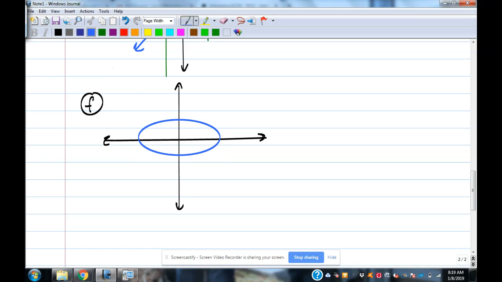No. Why not? That vertical line hits it in two places. It's got the same x value, different y values. So that's definitely not a function. It fails the vertical line test, which in turn means x repeats.